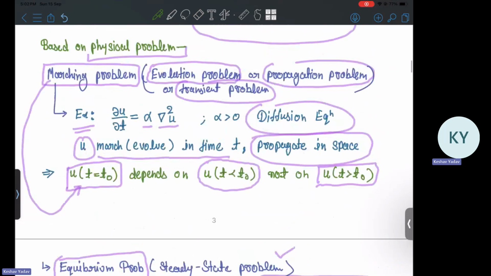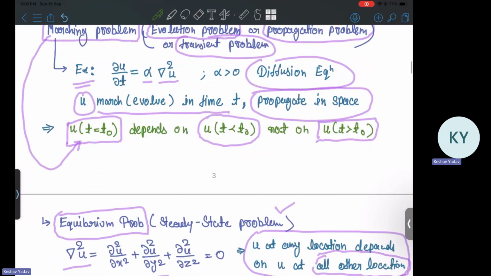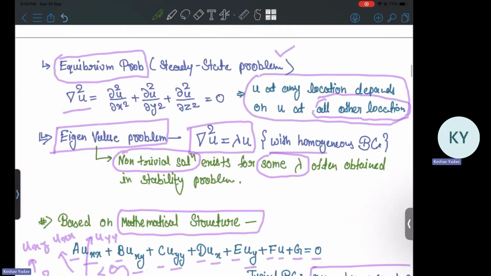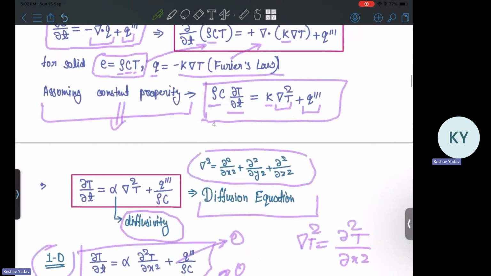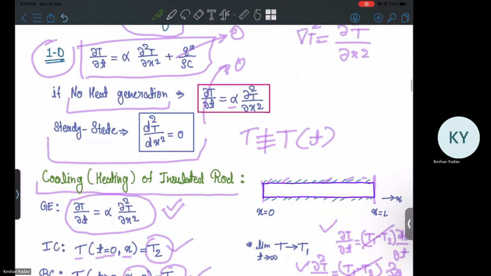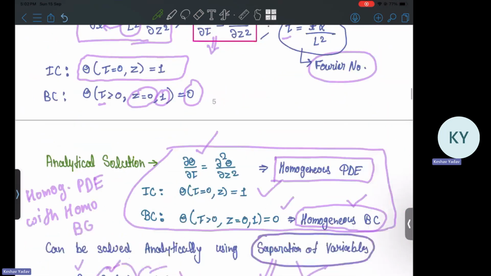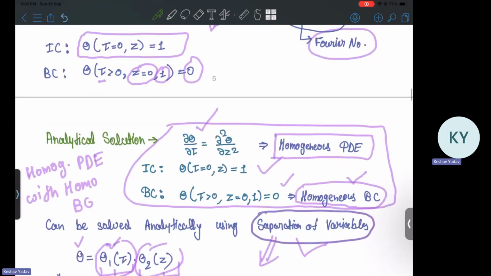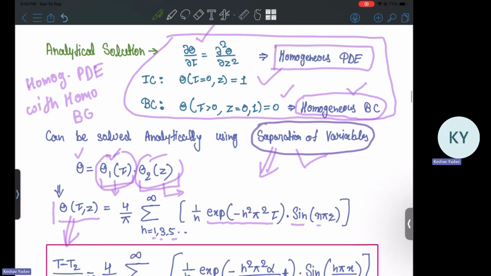Then physical problem based, what is time marching problem, what is equilibrium problem, what is eigenvalue problem, that we have seen. Then we have seen one practical problem, that is cooling or heating of insulated rod. Okay, that we have solved analytically. We have not done the whole derivation, but we have seen its analytical solution.